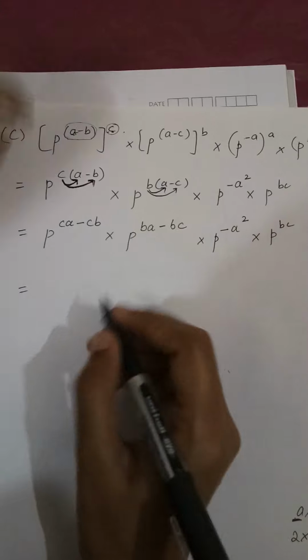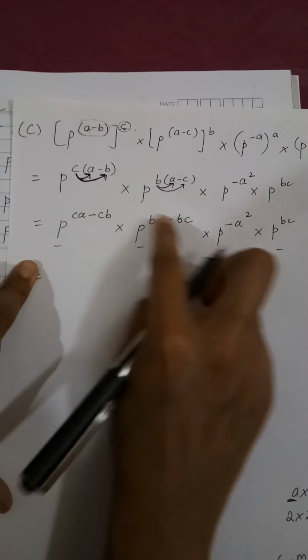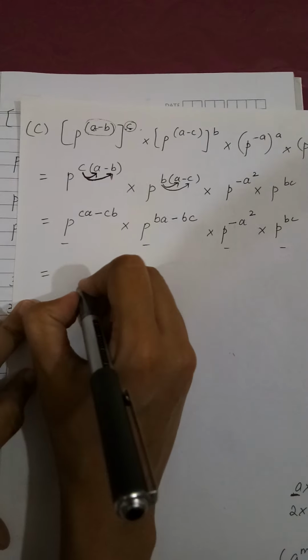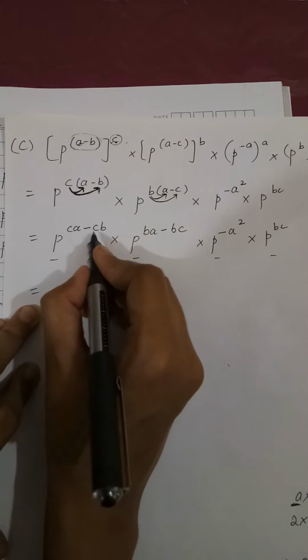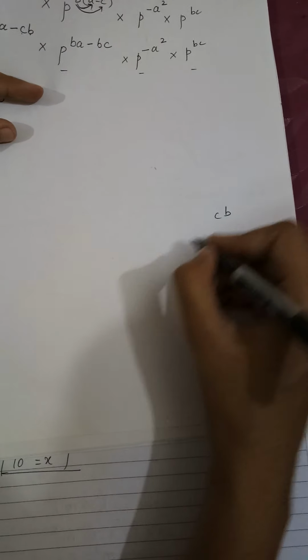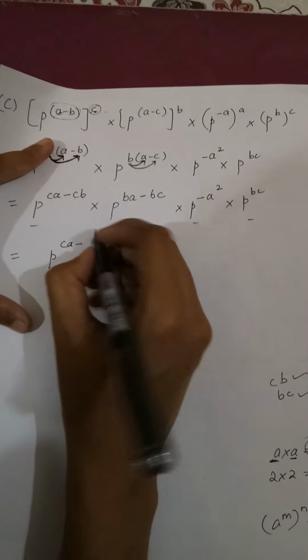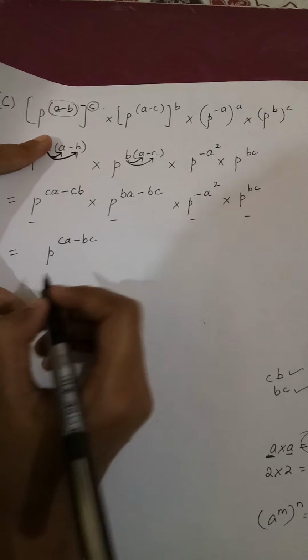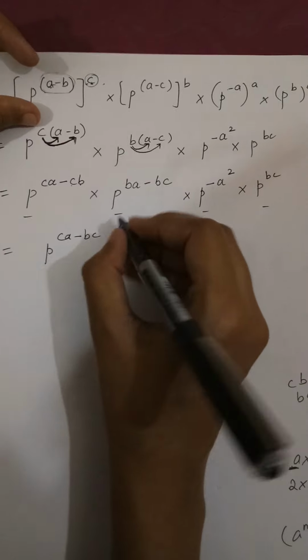Now the next step is, everywhere base is same, multiply sign is there, so the powers are going to be added. So this will become p to the power ca minus cb or bc. If I am writing bc or cb, this means the same thing. So instead of bc or cb, you can write anything. I am writing here bc or cb, that is completely your choice.